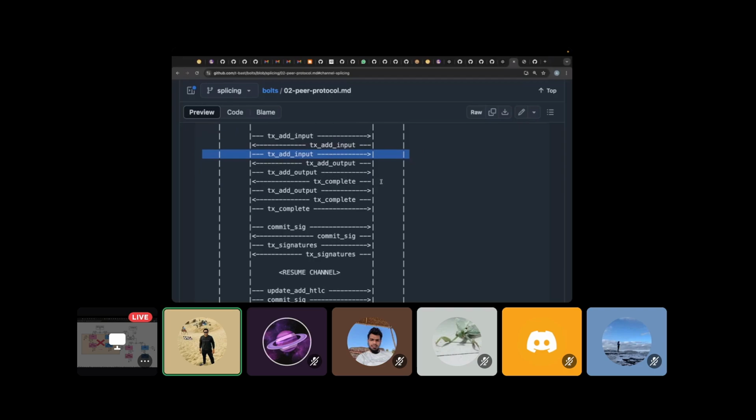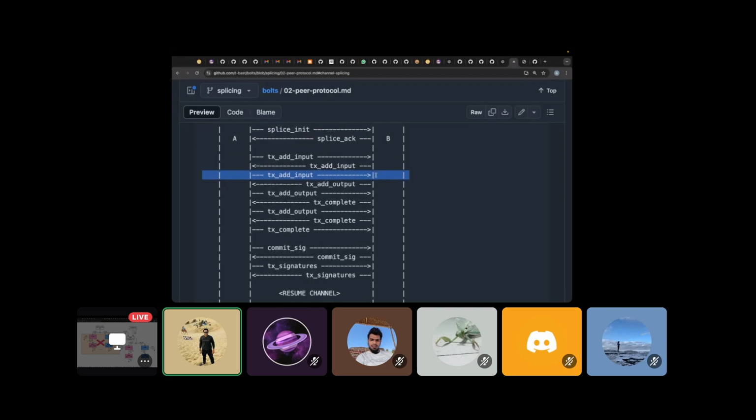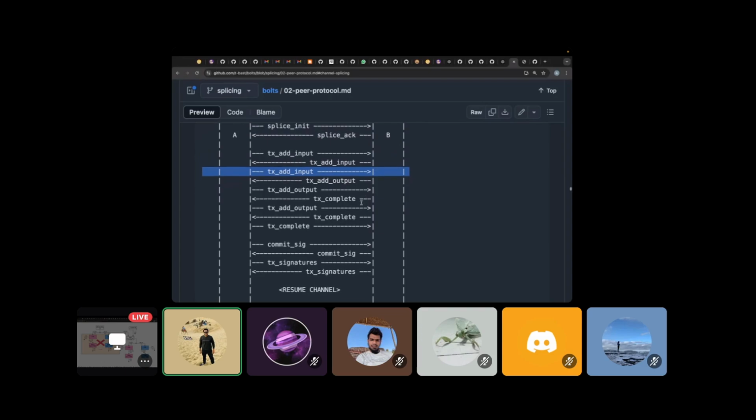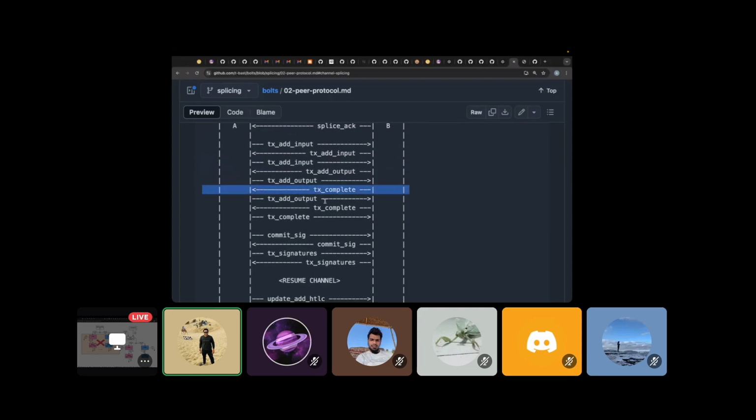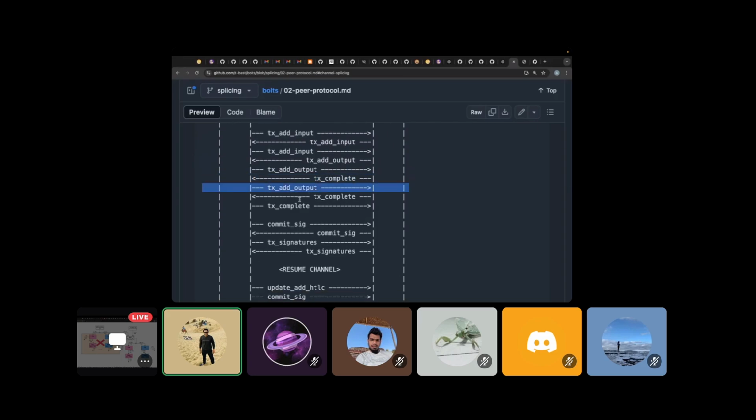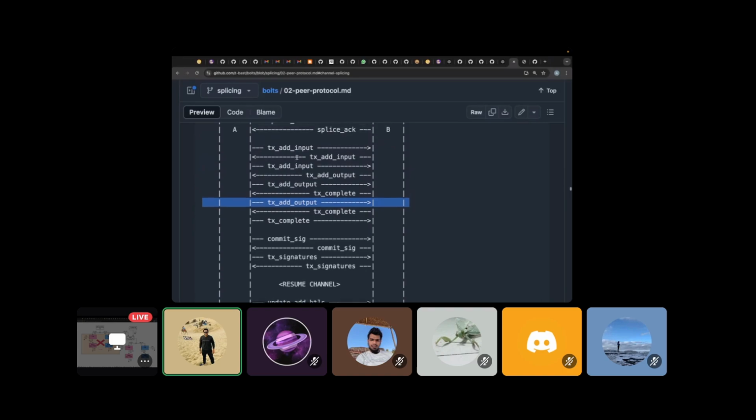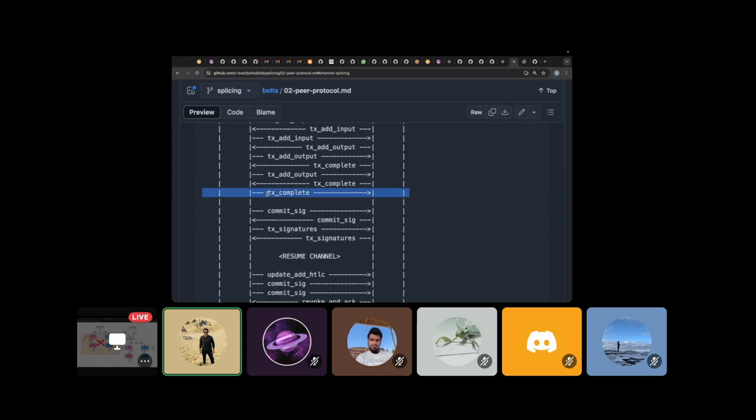Once B adds all the inputs and outputs that it wants inside the transaction, it sends a transaction complete. A again adds an output. B then sends transaction complete. Then A is also done with all the inputs and outputs, and it sends transaction complete.